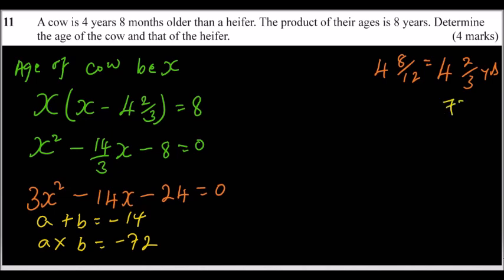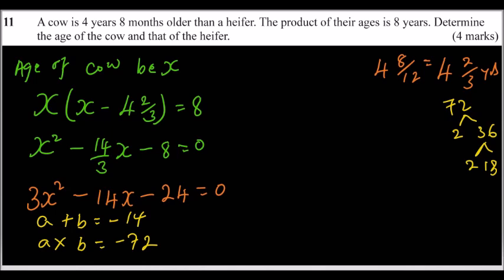You say 72 divided by 2 is 36. That cannot work. What about by 2? You get 18. 18 times 4 is 72. So if we put minus 18 times 4, that will give us minus 72. When you add, you get minus 14.